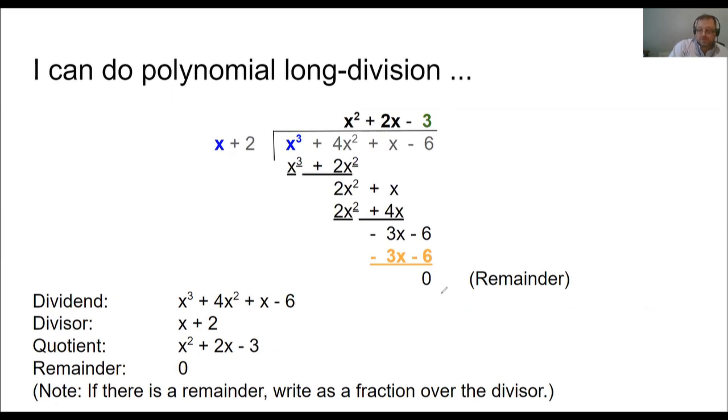All that means is your remainder now becomes 5 over x plus 2. That's all you would do because we really don't have decimals in polynomials, so it would just be 5 over x plus 2, which is why division is not considered closed, because it leaves that realm. It can happen that way.